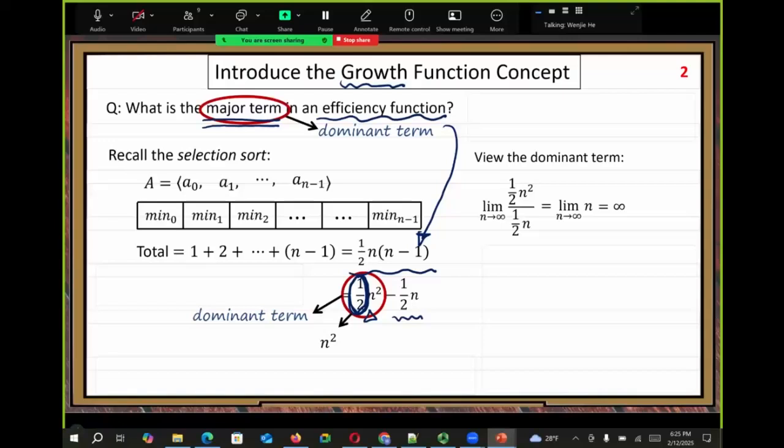Remember, our goal is to define a growth function.